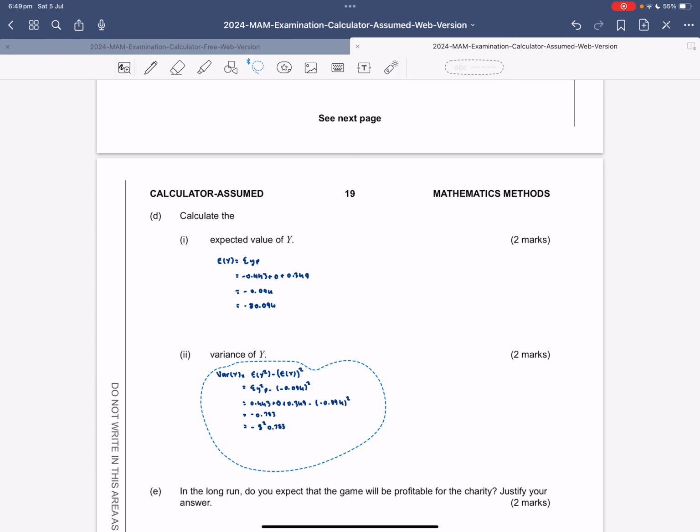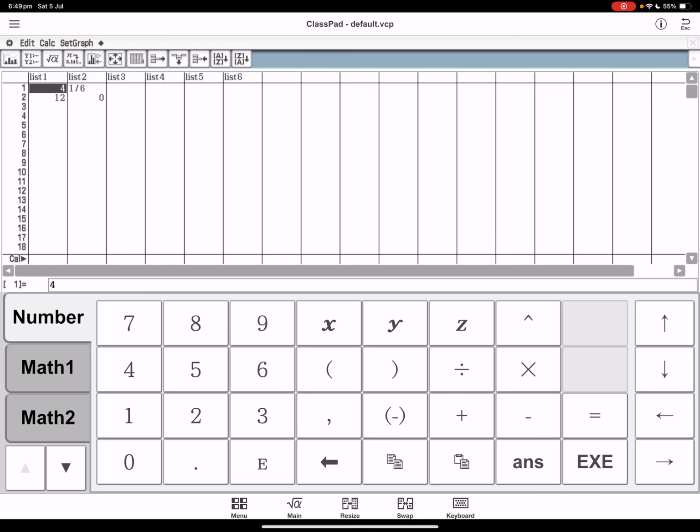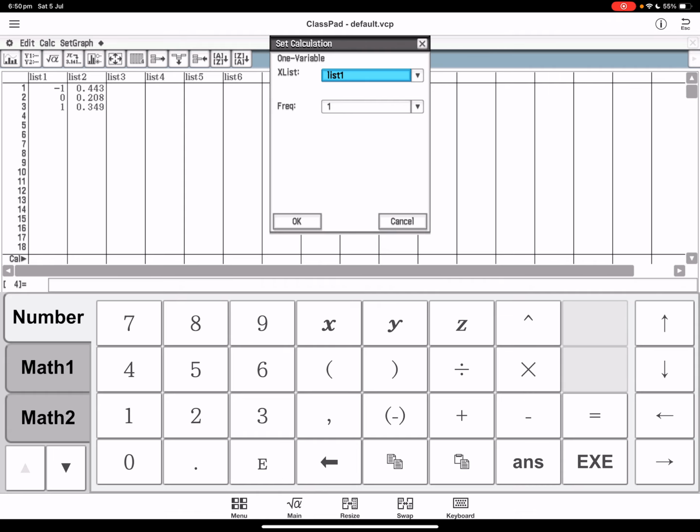I'll just show you how to put it into list mode for those that don't know. In Stats, we put the possible values here, -1, 0, 1, and then the corresponding probabilities: 0.443, then 0.208 for winning back nothing, and then 0.349. Then Calc, One Variable, change your frequency to List 2, and there you go.